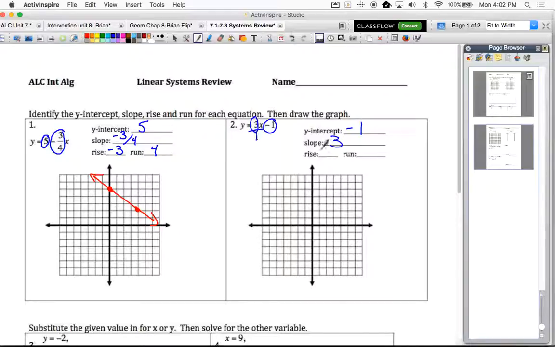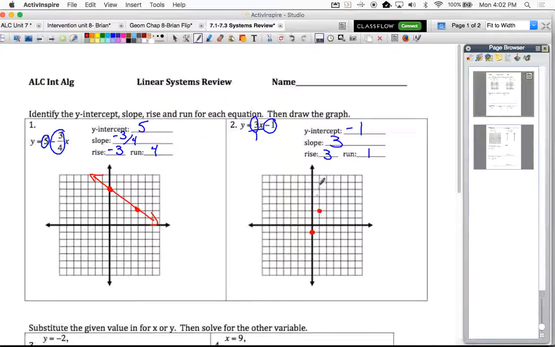So the rise over run would be 3 over 1, +3, +1. So we'll go back now to our y-intercept point, which is -1. And then we will use our slope to track down our next point. So we will rise from our y-intercept, we'll rise 3, 1, 2, 3, and run +1.